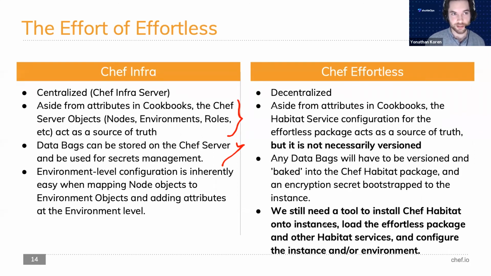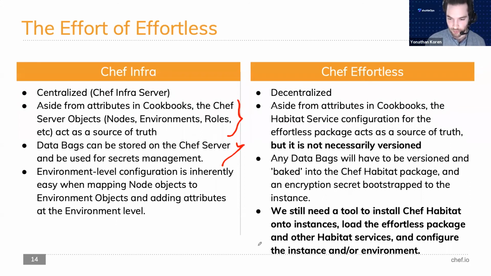And you can make that specific to the item. So you can say, well, even though I'm running this Effortless package in development, and it contains the data bag item for prod, it's baked into it, it's encrypted and doesn't have the encryption secret. But that's probably bound to get some looks from people in your organization. So it's definitely a loss there.